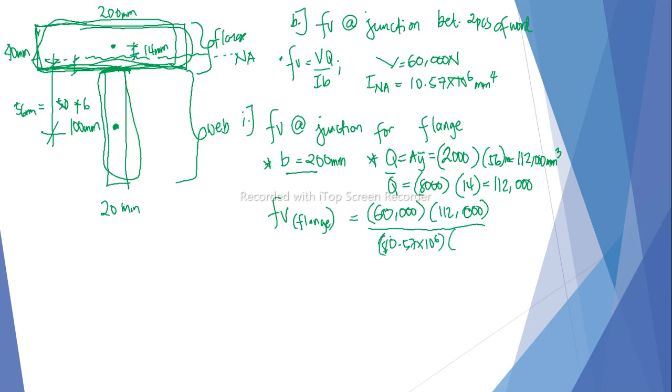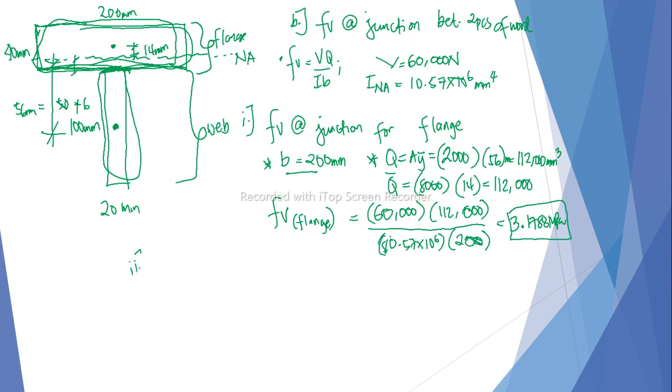And our B is 200 millimeters. So this is equal to 3.1788 megapascal. So this is for the flange.